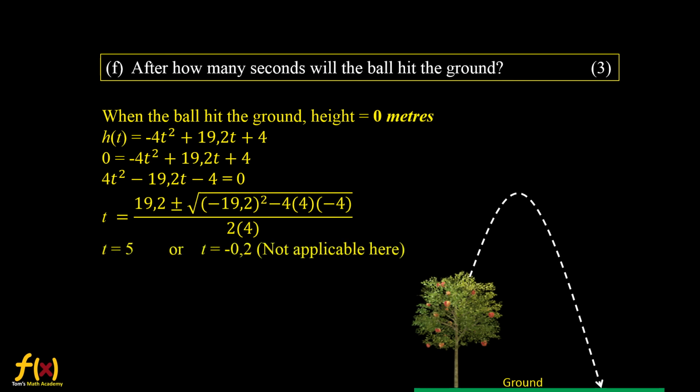We get t equal to 5 or t equal to negative 0,2. That negative answer is not applicable here. Okay. So after how many seconds? We can say after throwing the ball, after 5 seconds the ball will hit the ground.